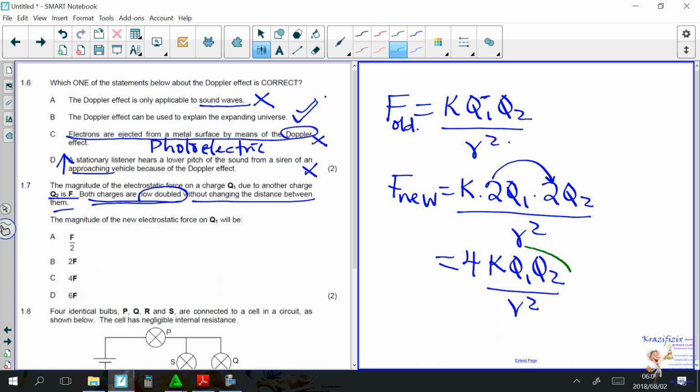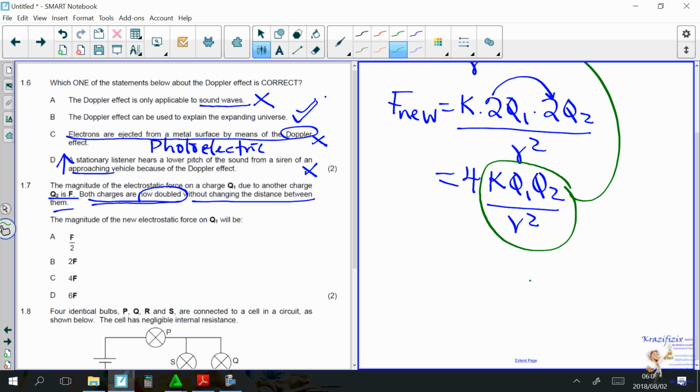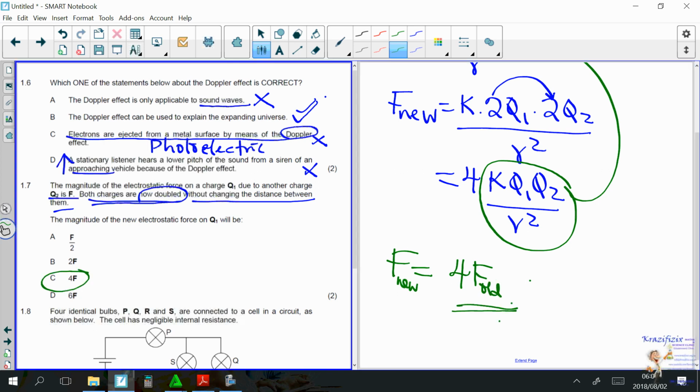Do you notice that this now is equal to my F old? So what am I going to have? My new F will be equal to 4F, the old force, 4F. And my answer there is C. Correct? Good. You need to understand this because this is also applicable under universal gravitation.